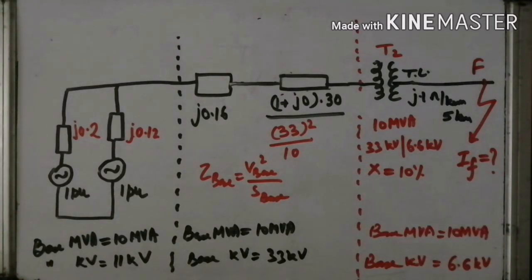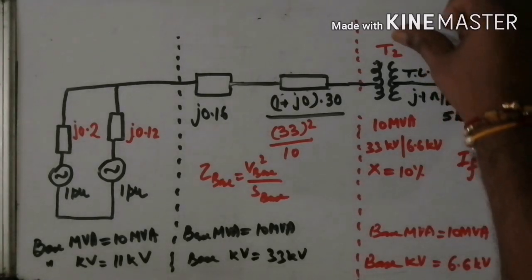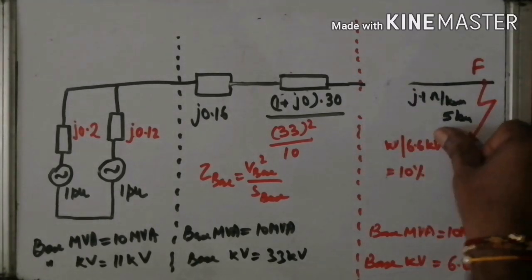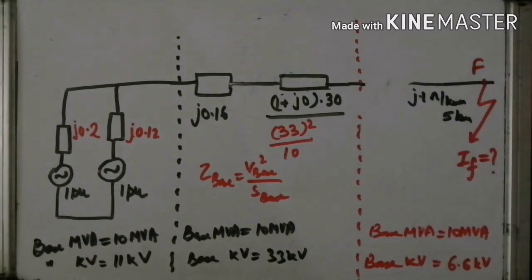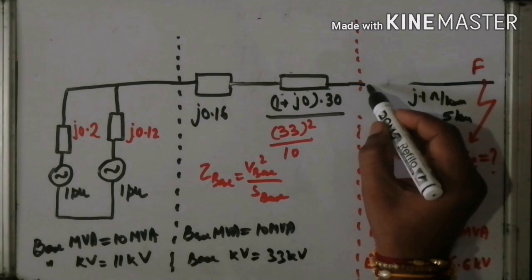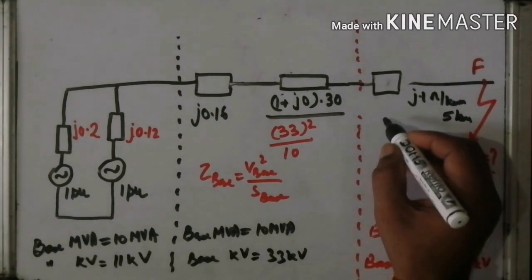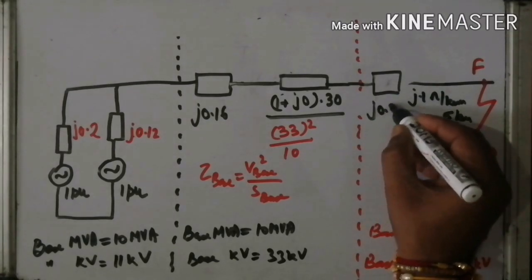Now the second transformer, that is T2, its rating is 10 MVA and reactance is 10%. So it becomes J 0.1.